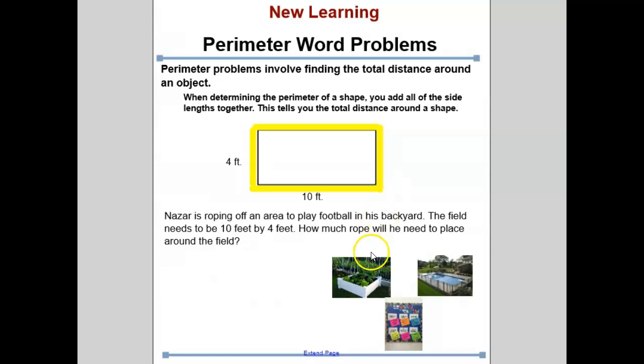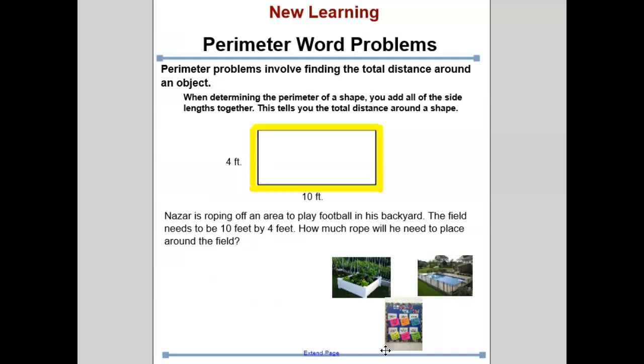So last time we talked about some perimeter scenarios. A perimeter scenario would be putting fencing around a garden, or putting a border around a wall or a picture, or putting a fence around a pool, or even putting a brick border around a garden, or putting a border around a path.